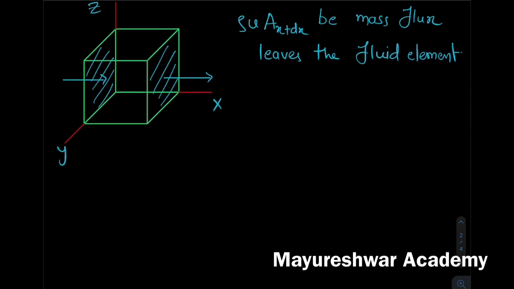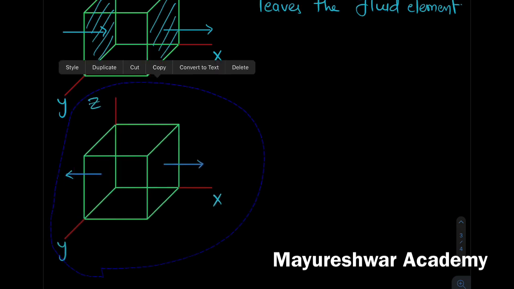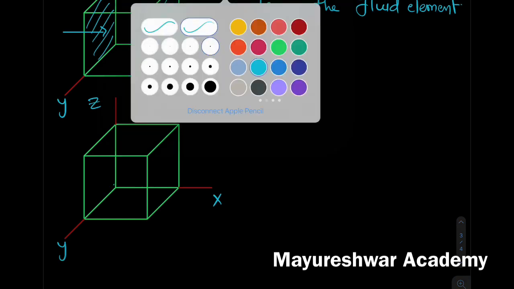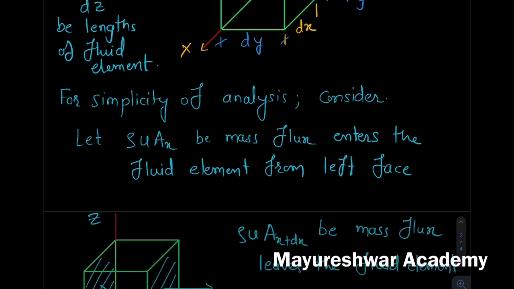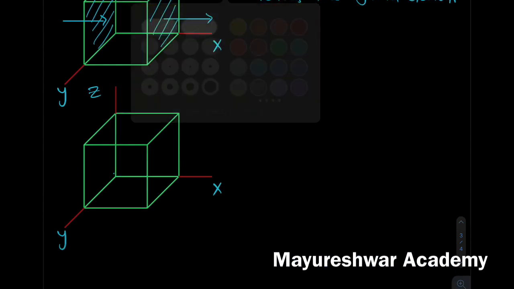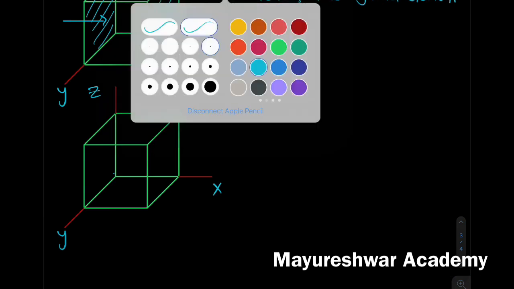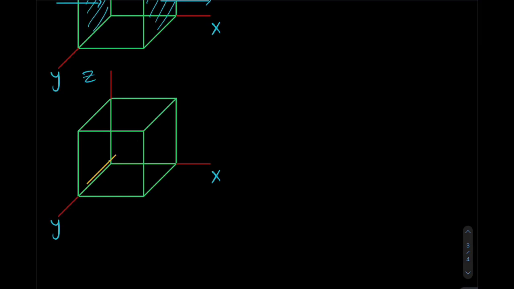So from the left face mass is entering, from the right face mass is leaving. Let us copy and show the other 2 directional fluxes. We have marked the normal as the y axis, so let us use a different color. This component is going to show the y directional fluxes.